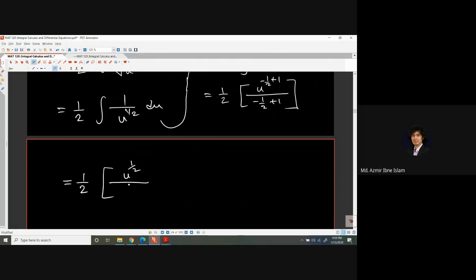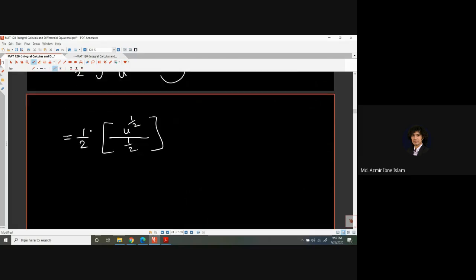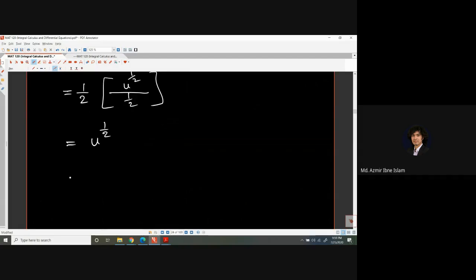Again we have 1 by 2. So you can see that if we simplify this part, 1 by 2 and this part will be cancelled. So here finally we are getting u power 1 by 2, that means root over u. So whatever result we have found, that is our antiderivative.